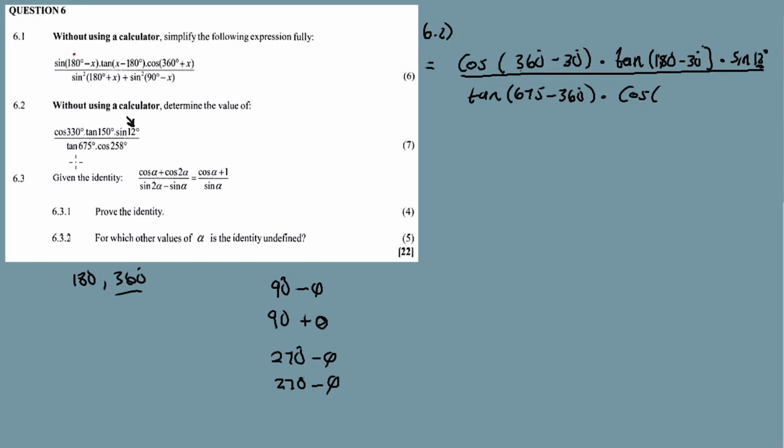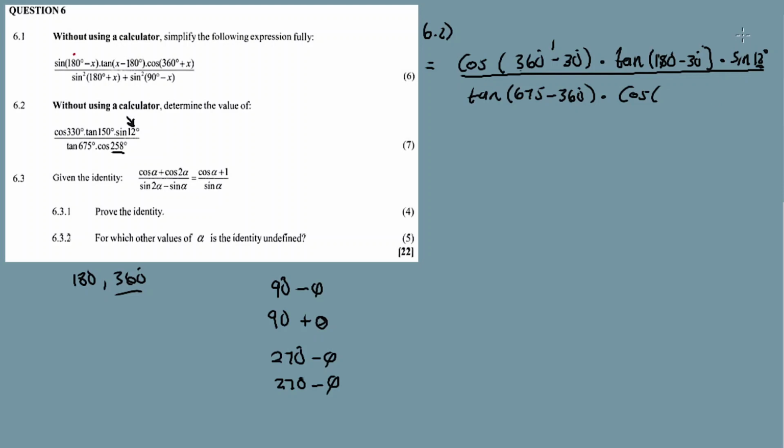Look here. Whether I reduce, if ever I try to reduce this 258, I won't have a special angle like these ones, 330, 150, 675, which give special angles. But here a special angle will not come out.